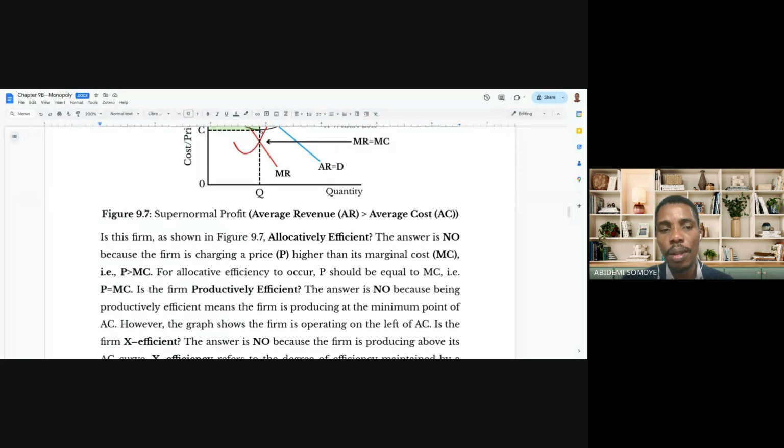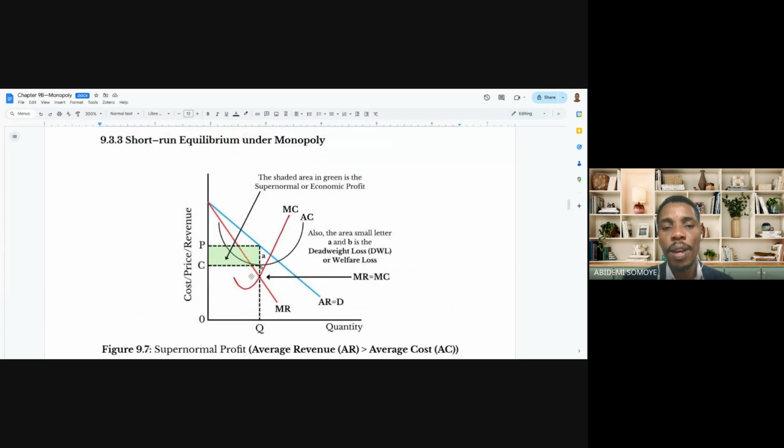The answer is no, because being productively efficient means the firm is producing at the minimum point of the AC. So if you look at the AC right here, the firm is producing to the left of the minimum point of the AC right here, rather than producing somewhere here. So are they productively efficient?